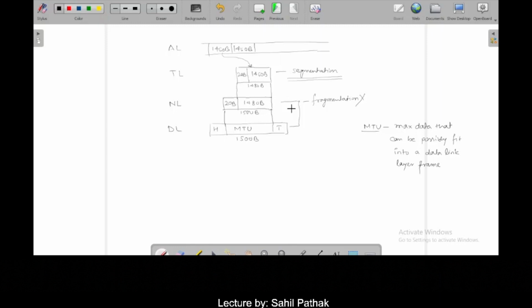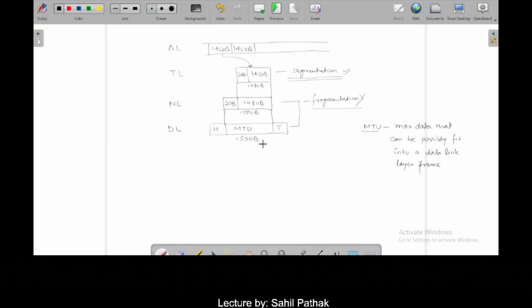And that is why, if we talk about a source or any host, there is only segmentation and no fragmentation, because the segmentation is being done wisely by the machine or by the host, in such a way that it takes the size of the data link layer, the maximum transfer MTU of the data link layer, into consideration, and hence there is no need of fragmentation at the end user, or you can say at any host, okay.